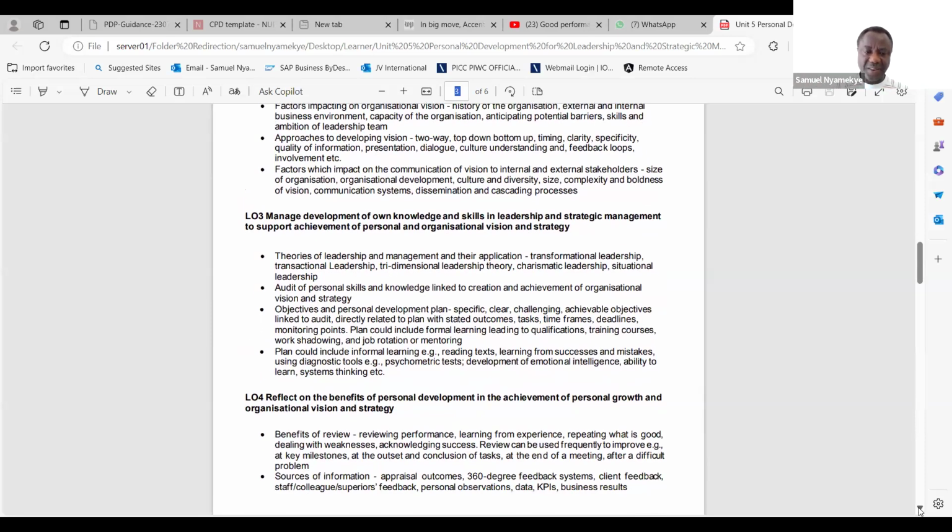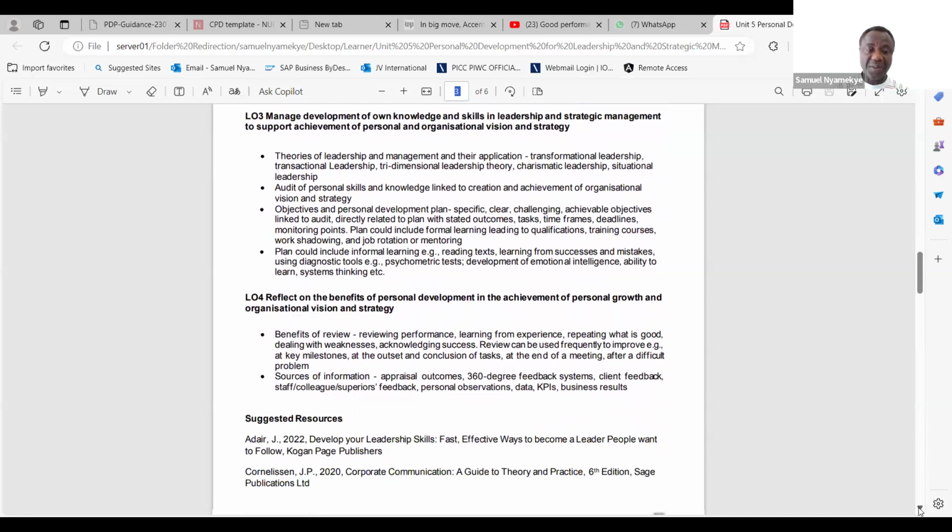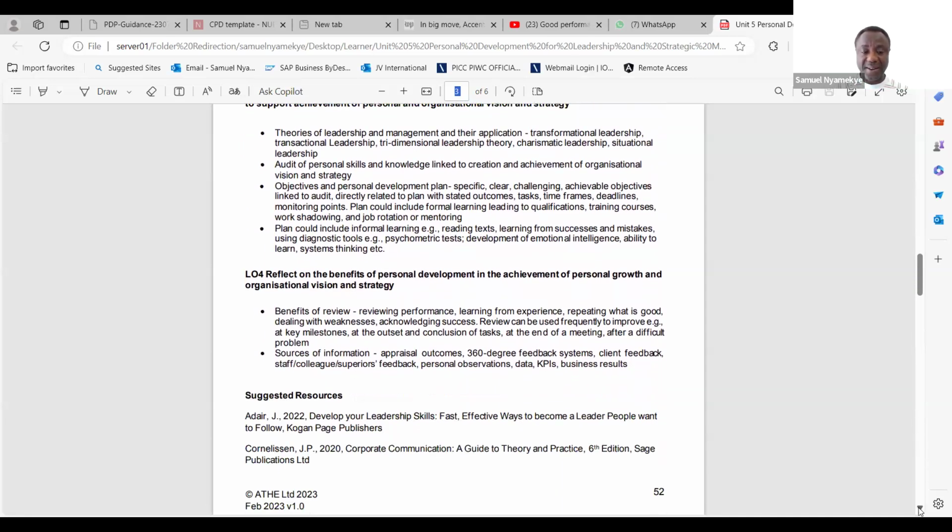Look at the leadership theories and which one works for you and which one you have to work on to adopt. What are the ways you can assess this? You can do a self-audit of your skills, and this will help you identify many things. Continuous professional planning or personal development planning will help. And we've also looked at the reviews.